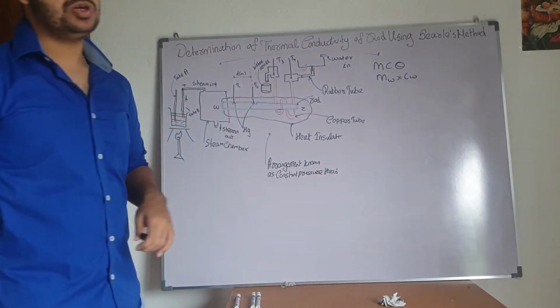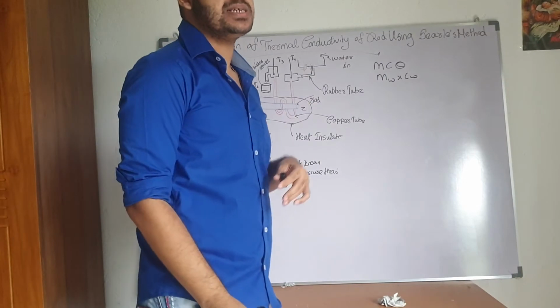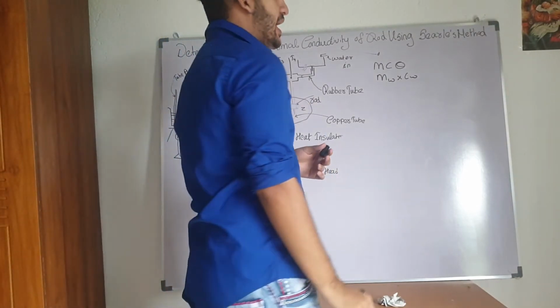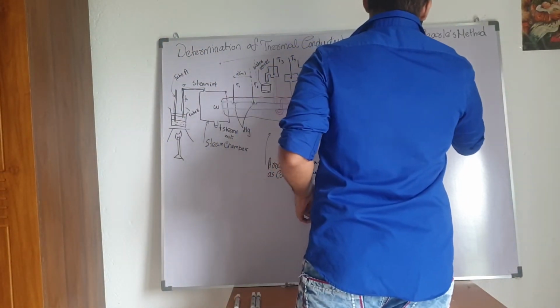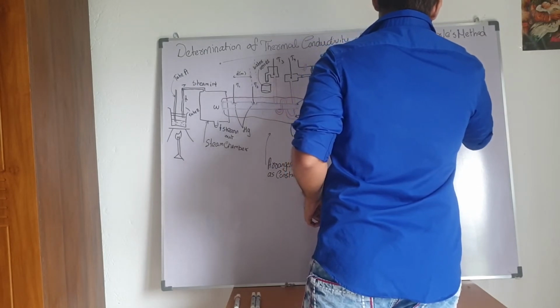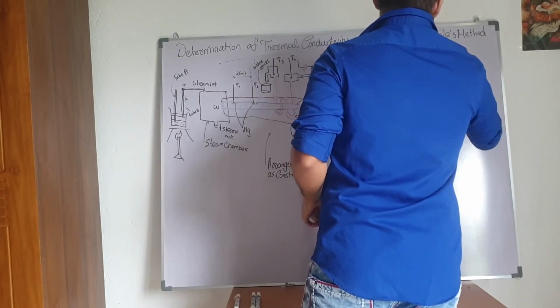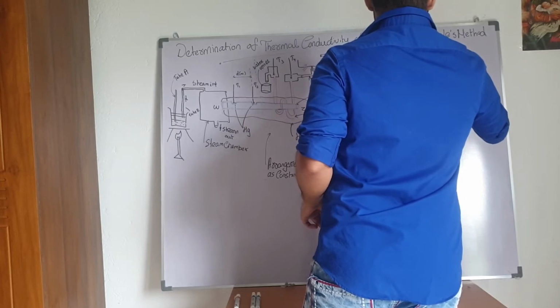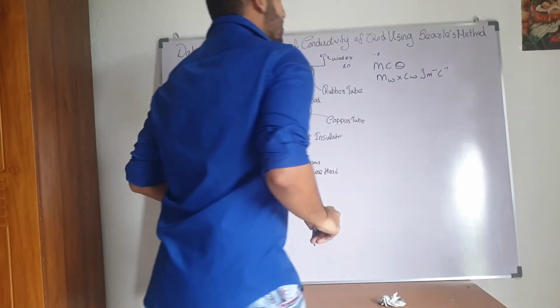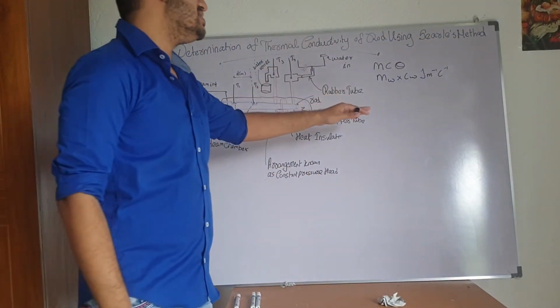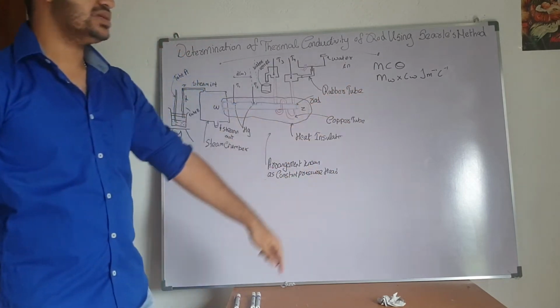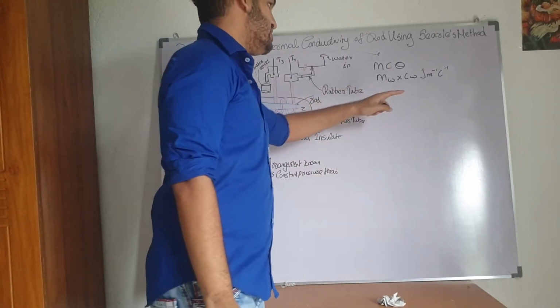What is c_w? That is the specific heat capacity. Specific heat capacity has the units of joules per kg per degree Celsius, J kg^-1 °C^-1.